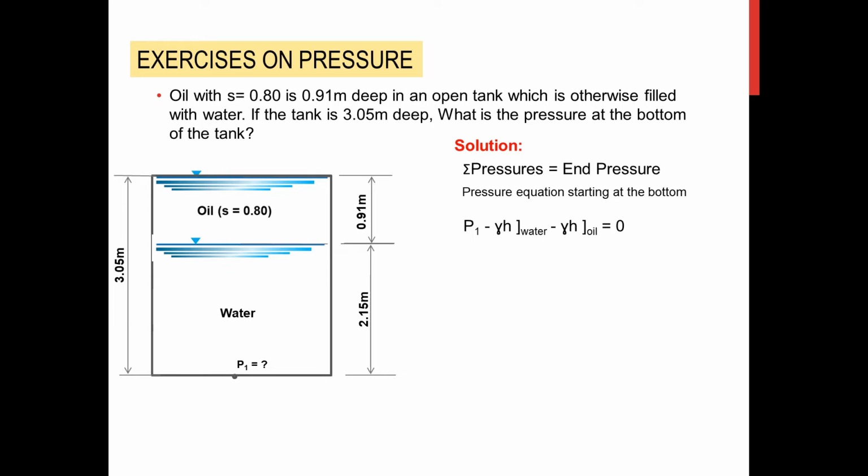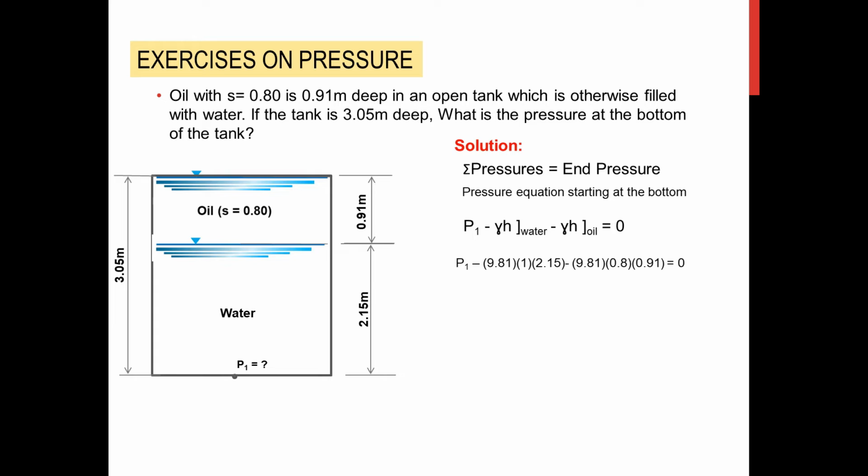And the end pressure is the oil surface that is exposed to the atmosphere. So remember that if any liquid is exposed to the atmosphere, the pressure there is 0 when considering gauge pressure.